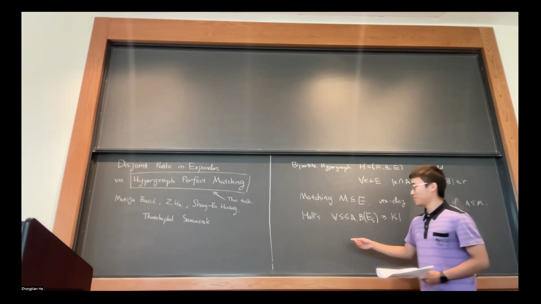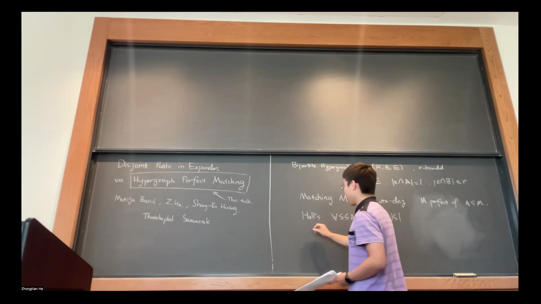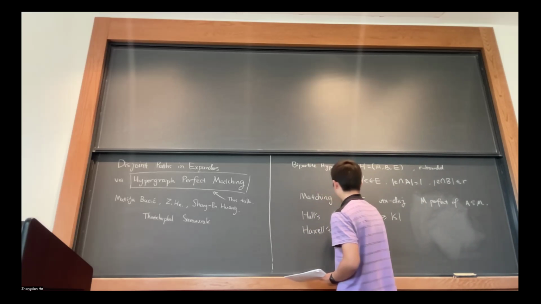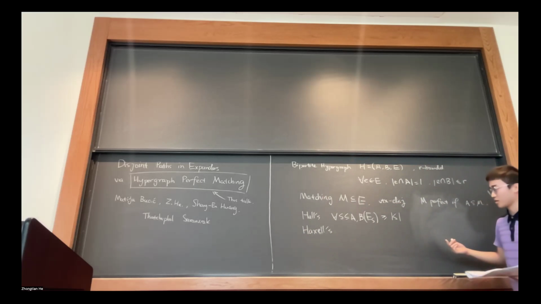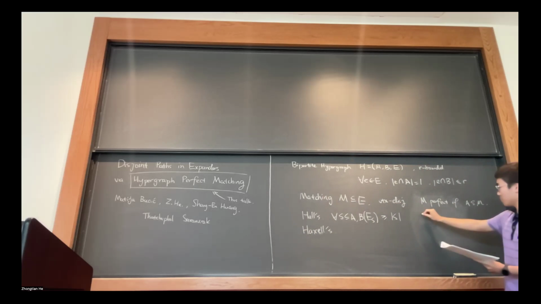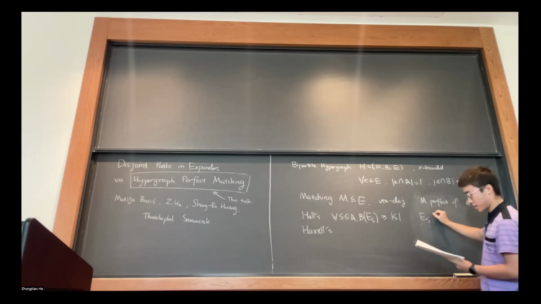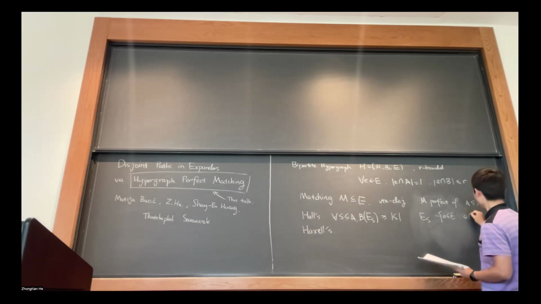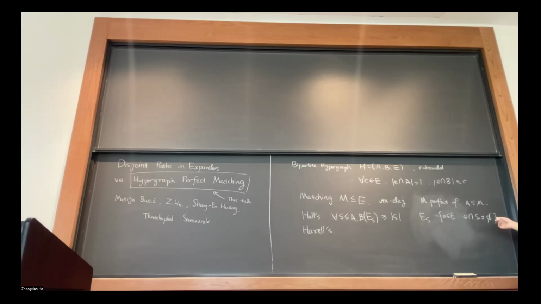And now we do a generalization of Hall's condition. What is E_S? E_S is all the edges that are incident to some vertex in S. Right?